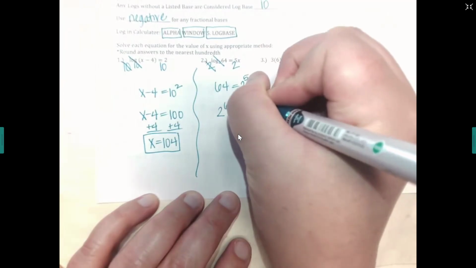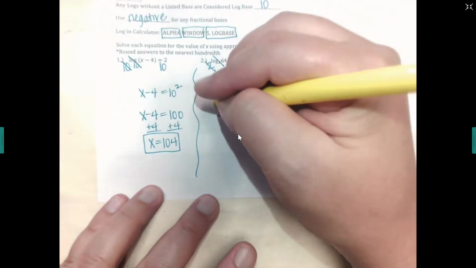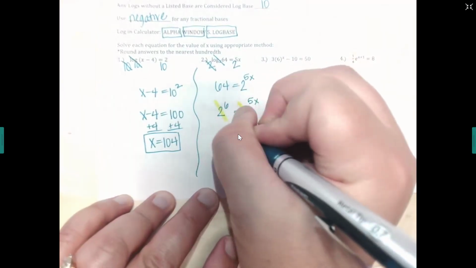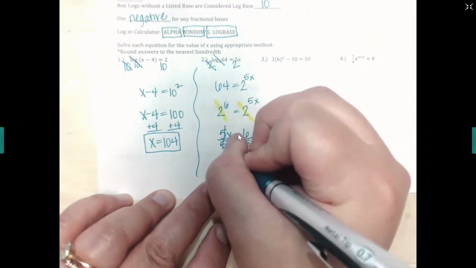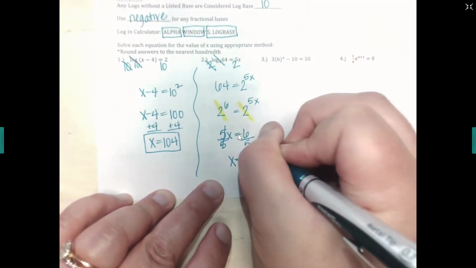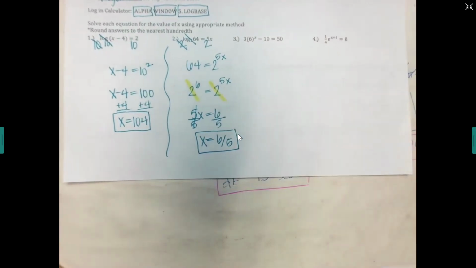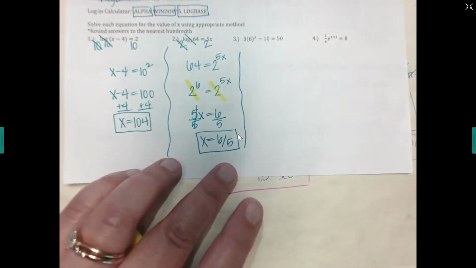If 2 to the 6 is 2 to the 5x, then I can cross those 2's out, just set the tops equal. So I have 5x equals 6, then divide by 5 on both sides. For your test, if you want to do a decimal or a fraction, I don't care, either way is fine. I'm probably just going to leave it, but you could divide that if you wanted to.